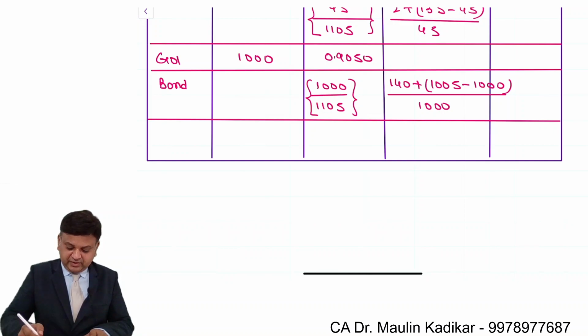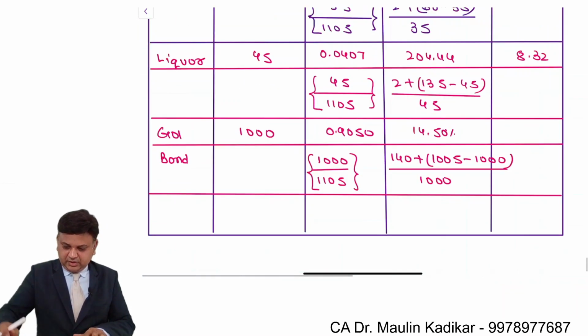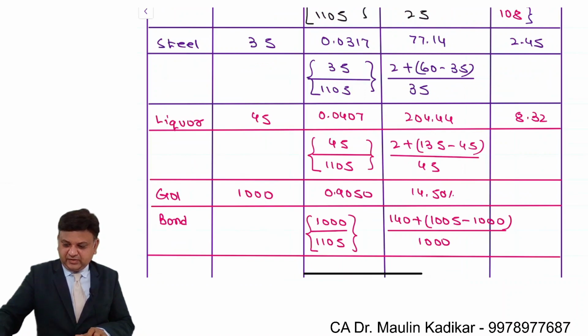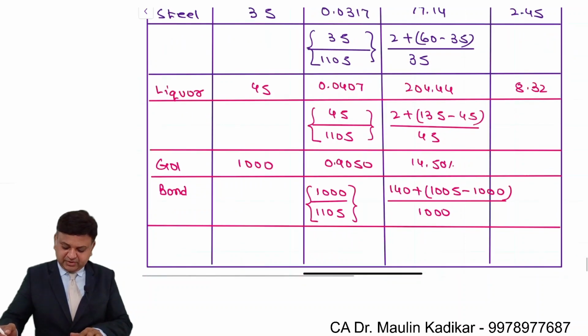It is 14.5 percentage. Okay. So 0.905 into 14.5. So it is 13.12 percentage.